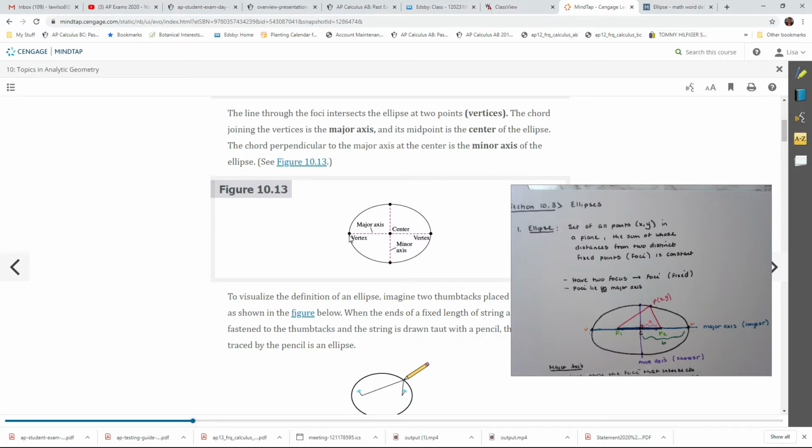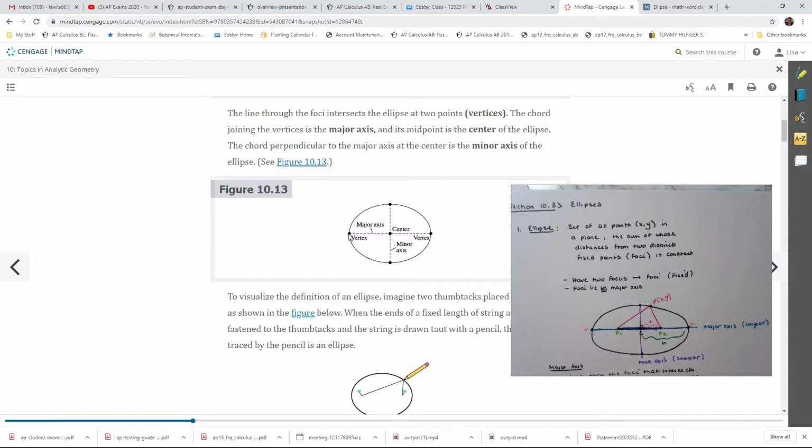Now an ellipse is not a circle. A circle is an ellipse, but an ellipse is not a circle. It has a center, and the major axis goes through the center, so you can kind of think of it as the diameter of a circle. The diameter is the only chord that passes through the center of a circle.